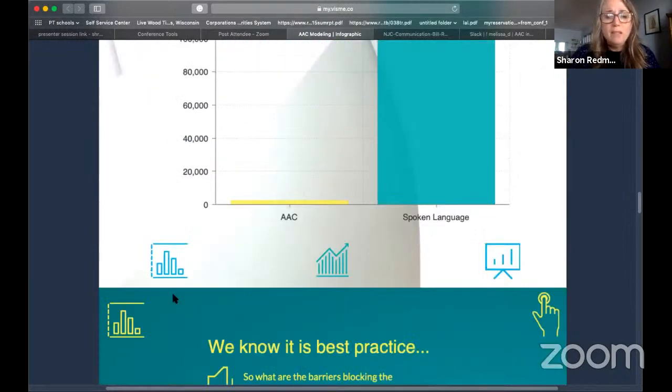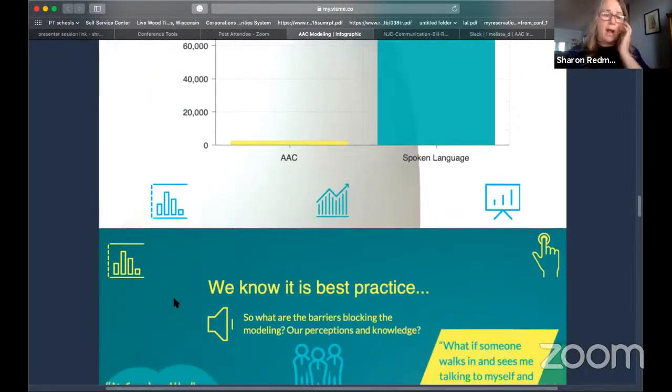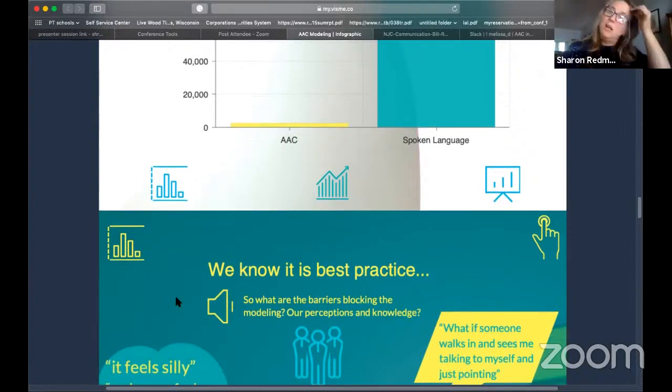Okay, so we know it's best practice. We know that we need to model AAC. We need to model it across settings. We need to model it across people.